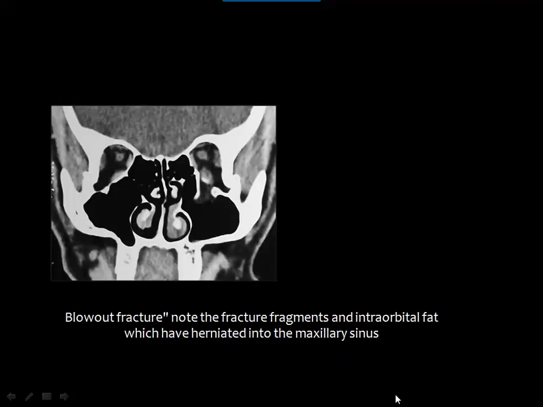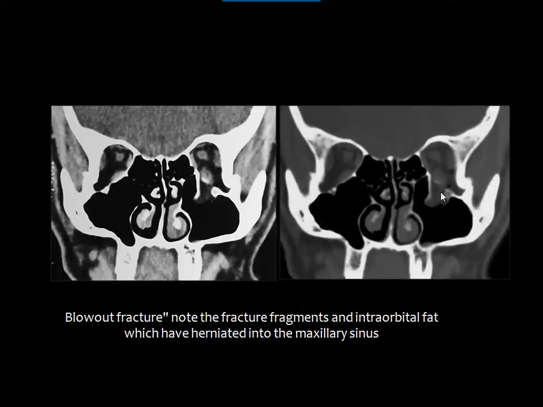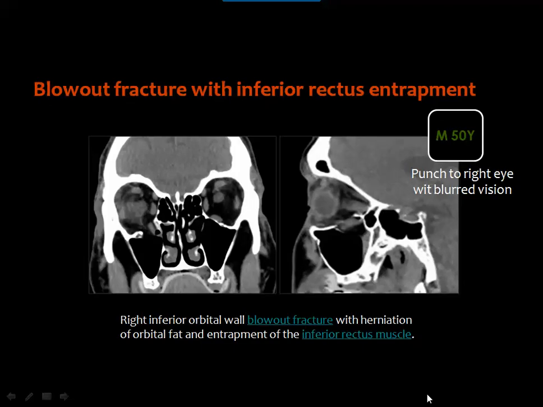Then you confirm this by CT, and here you see there is a blowout fracture of the orbital floor, and some of the orbital fat is bulging into the roof of the maxillary sinus. But one of the important anatomic structures here is the inferior rectus muscle.